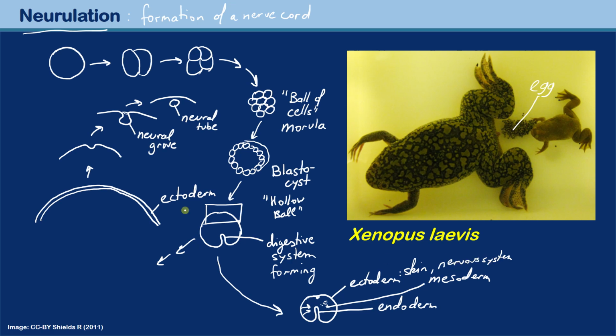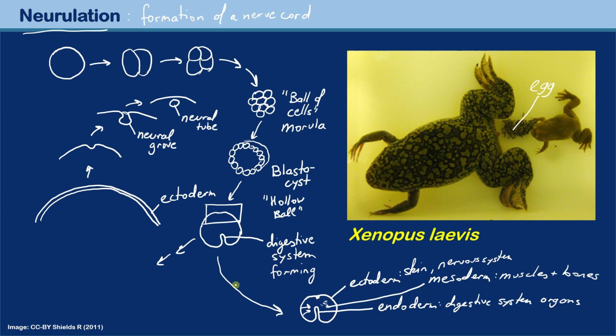How does it form the nervous system? Well, because of the forming of the neural tube, you see that. The mesoderm, in the middle, will form the muscles and bones. And the endoderm will form the digestive system and the inner organs.